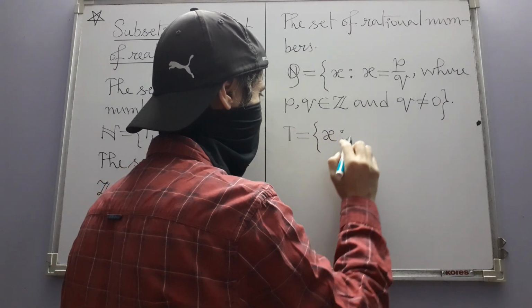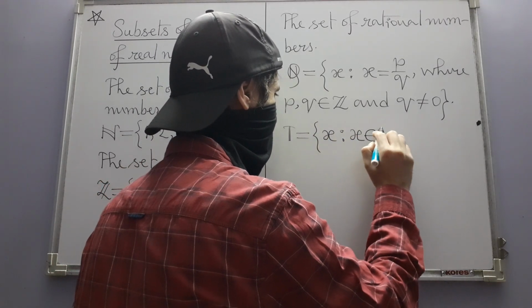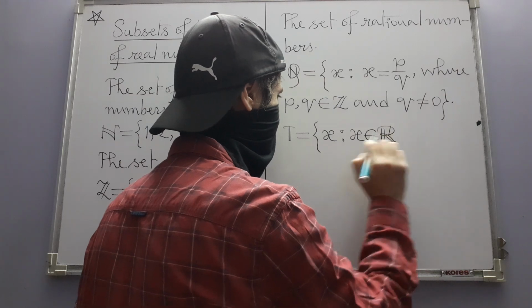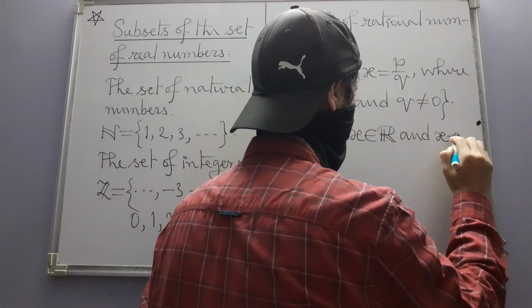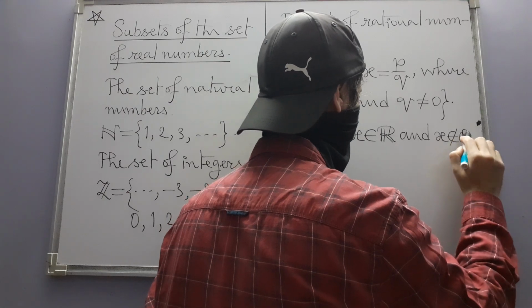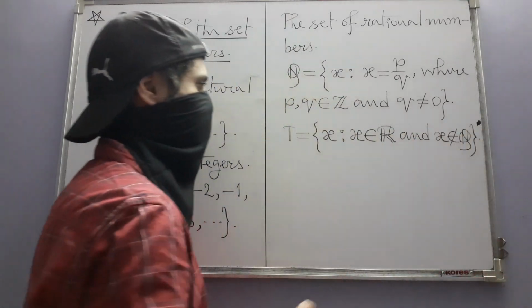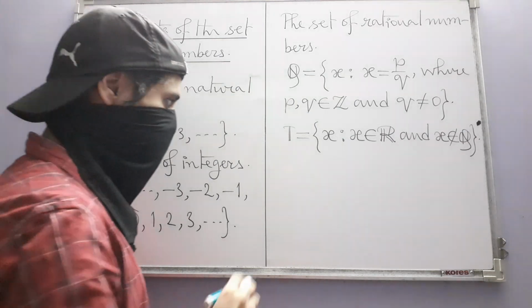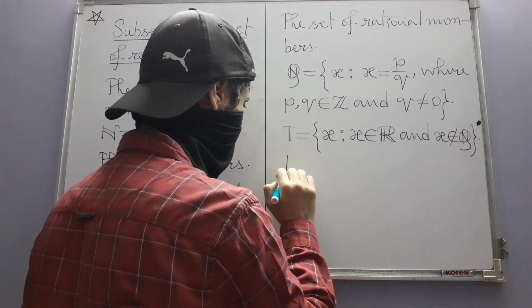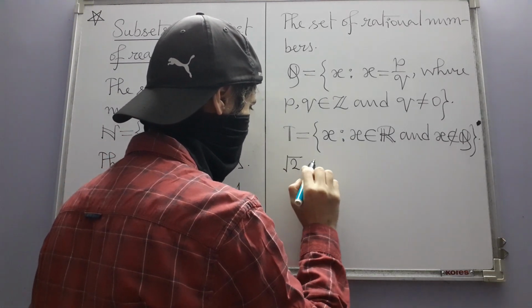So it is the set of all x such that x is a real number and x is not a rational number. X does not belong to the set of rational numbers. Examples, of course, have been given in the text.